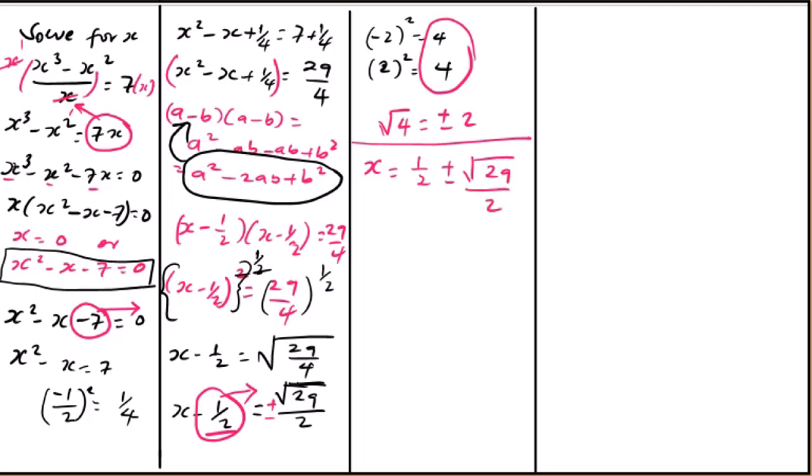Okay, therefore x equals half plus root 29 over 2, or x equals half minus root 29 over 2. Okay, both are correct. So here we have this one, and also this one here.